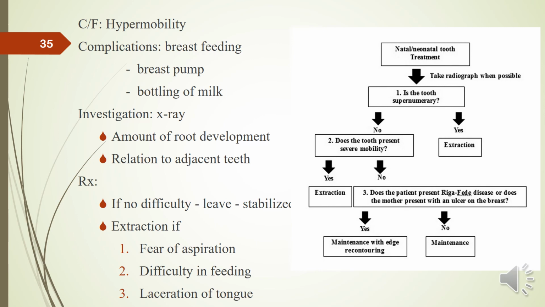And if the mother does not have any ulceration of the breast because of the teeth, and the child also does not have Riga-Fede disease, then all we need to do is just hold the teeth in place and try to maintain oral hygiene and ensure the teeth last till the child grows older to have his full set of primary teeth. So this decision tree is quite helpful when you're dealing with a patient with natal or neonatal teeth or Riga-Fede disease.